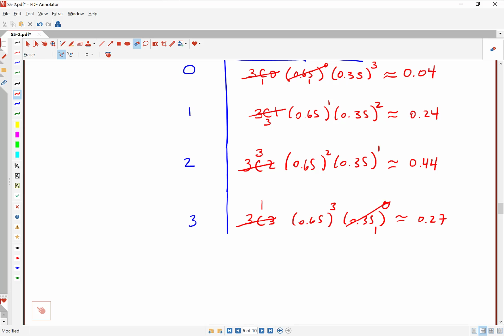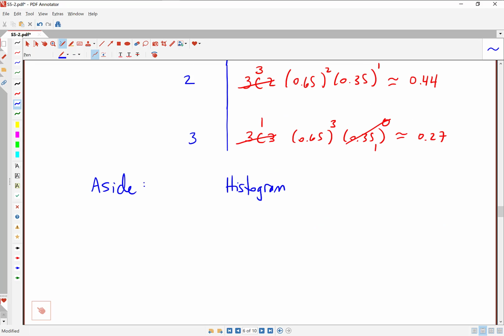Just as an aside, I'm going to draw a picture so that we can get a visualization of how well this basketball player is performing. We're going to draw a histogram. A histogram is just a specific type of bar chart that you use when your variable x is numerical.